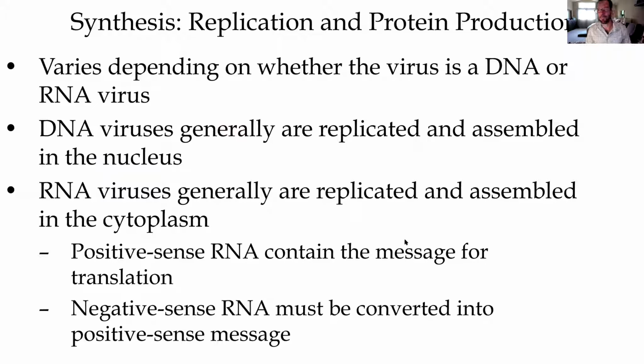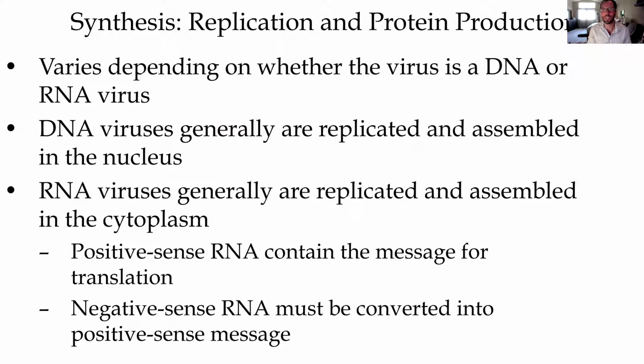The replication and the production of proteins depends on the type of virus, DNA or RNA, as I've said. Generally, DNA viruses replicate and assemble in the nucleus or near the nucleus. RNA viruses typically replicate and assemble in the cytoplasm. There are some DNA viruses that will replicate in the cytoplasm as well.